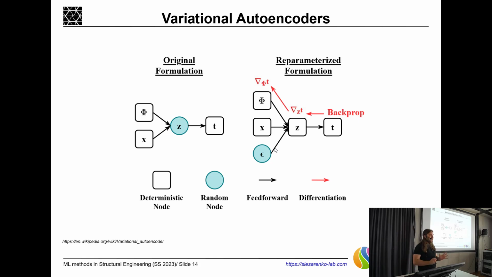This way we still get the same probability distribution as before, just a normal distribution. But these two are not stochastic, the only stochastic node is epsilon. So we can just do backpropagation on the side, forget about epsilon, it's not going to change. And with that, we can nicely train these variational autoencoders.